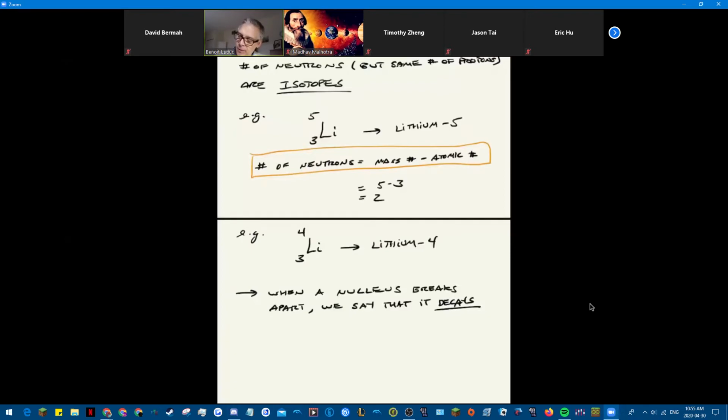Before I put this here, another very important example is this here. This is helium-4. It is also given another name: it's called an alpha particle.